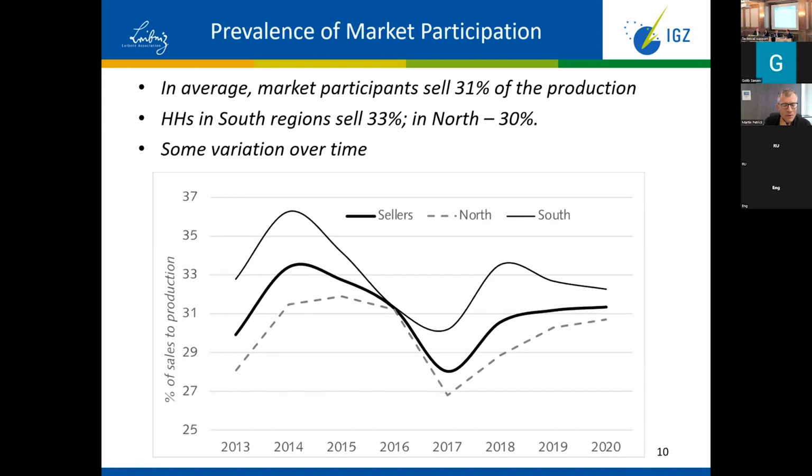So this is what we find. On average, those who sell, they sell about 1/3 of what they produce. A little bit higher in the south regions and less in the north, and some variation over time.